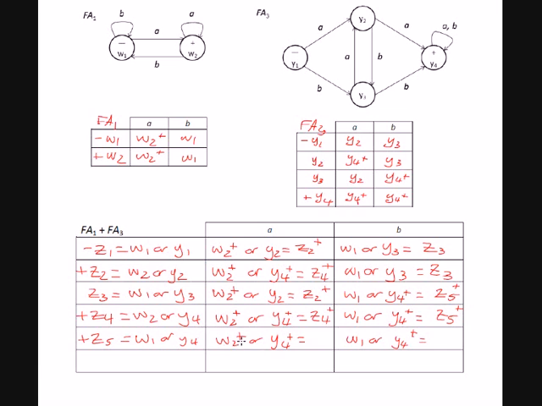Do I have this state combination, W2 and Y4? Yes, I do. That's Z4, which is an end state. W1 or Y4, do I have that? Yes, I do. That's Z5, which is also an end state. We've created no more new states. So that's the end of our transition table at least, and we can now move to drawing the FA.